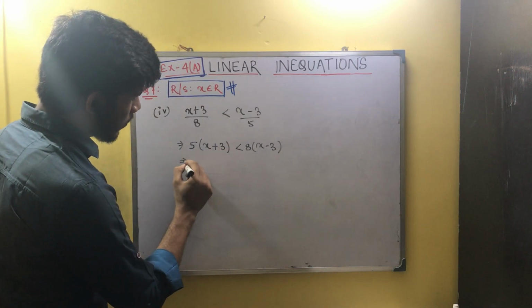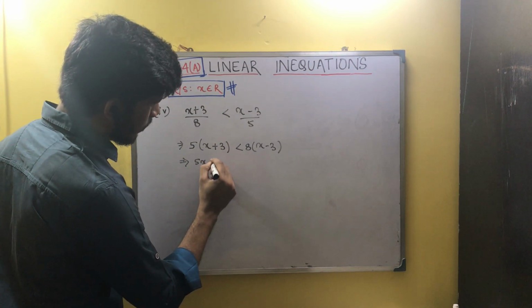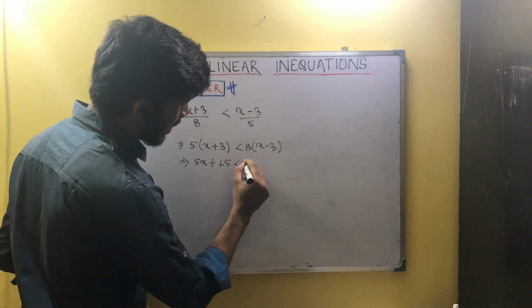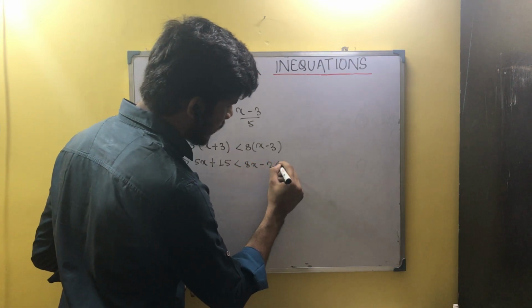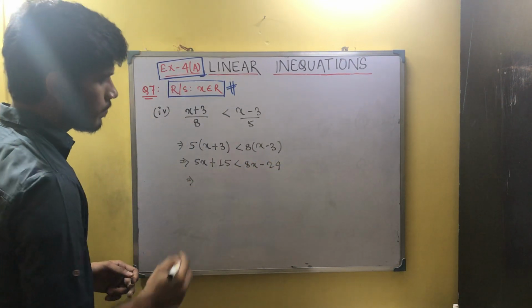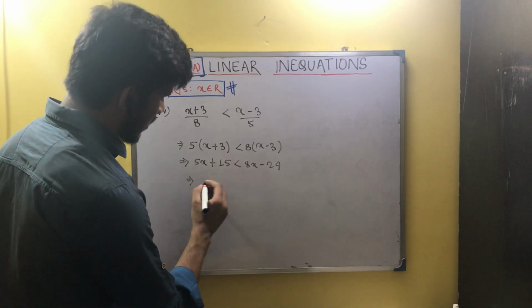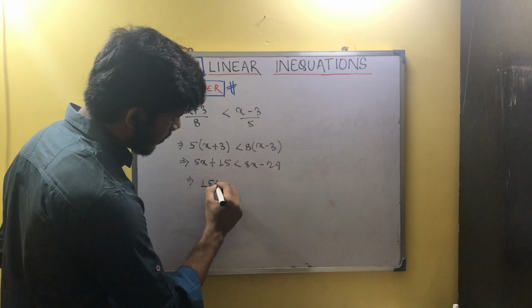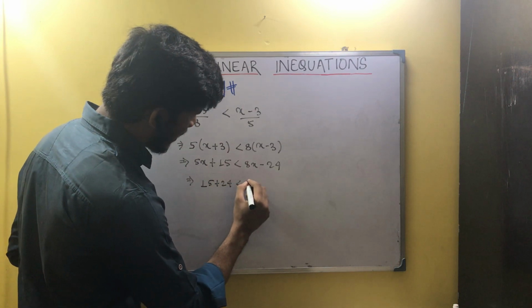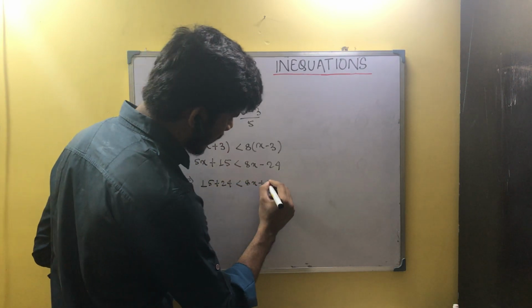Okay, so 5x plus 15 is less than 8x minus 24. Okay, so let's take 5x to the RHS and 24 to the LHS. So you get 15 plus 24 less than 8x minus 5x.